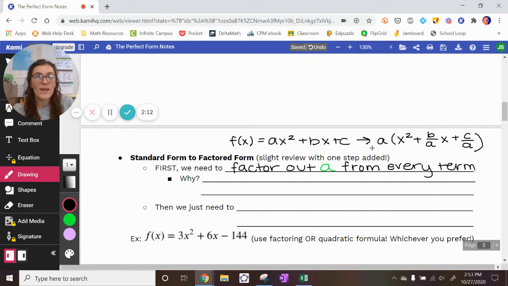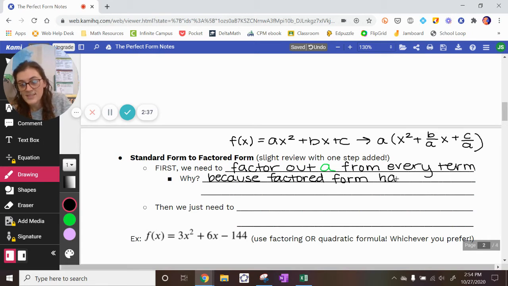And if you're wondering why we have to do that, we have to look at factored form. We need to do that because factored form also has a factored out.